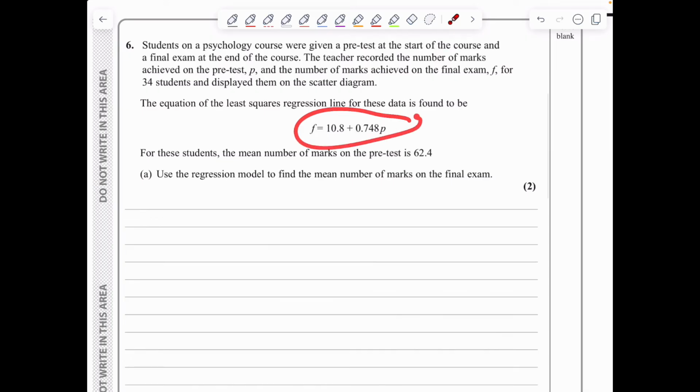Now for these students, the mean number of marks on the pre-test was 62.4, and we need to use the regression line to determine the mean number of marks for the final exam. Well, we know that the calculated regression line satisfies that f bar is 10.8 plus 0.748 times p bar, and we do have p bar, so f bar is going to be 10.8 plus 0.748 times the 62.4, the mean pre-test mark.